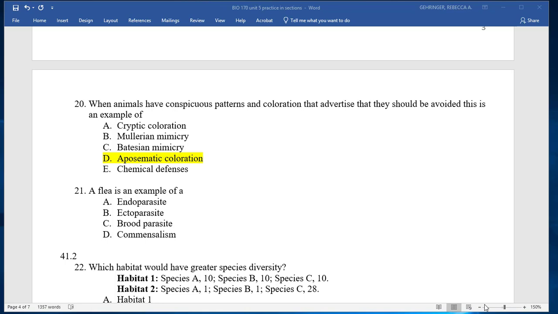Commensalism isn't even the answer here, right? Because a flea is obviously a type of parasite. So endo means inside. Is a flea inside your body? Fortunately, no. It's an ectoparasite. What's a brood parasite again? That's where one species convinces another species some way to take care of their young.